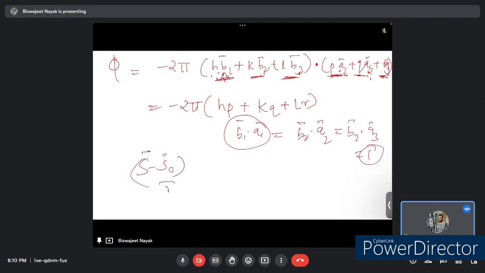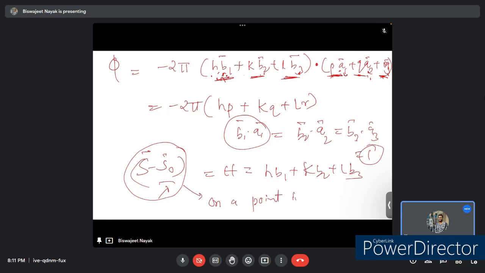So the condition for diffraction is that this vector should end on a point in the reciprocal lattice. Let's say for this S minus S0 by lambda to satisfy the diffraction condition, it must be one of the points in the reciprocal lattice space.